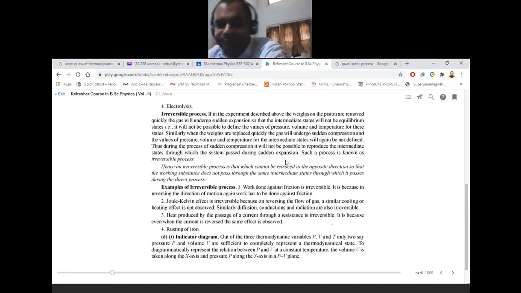So when we change from A to B in sudden expansion, whatever the intermediate states involved, those intermediate states will not be reproducible if you move from the state B to A. So state A to B has one set of values, and state B to A has another set of values of pressure and volume.